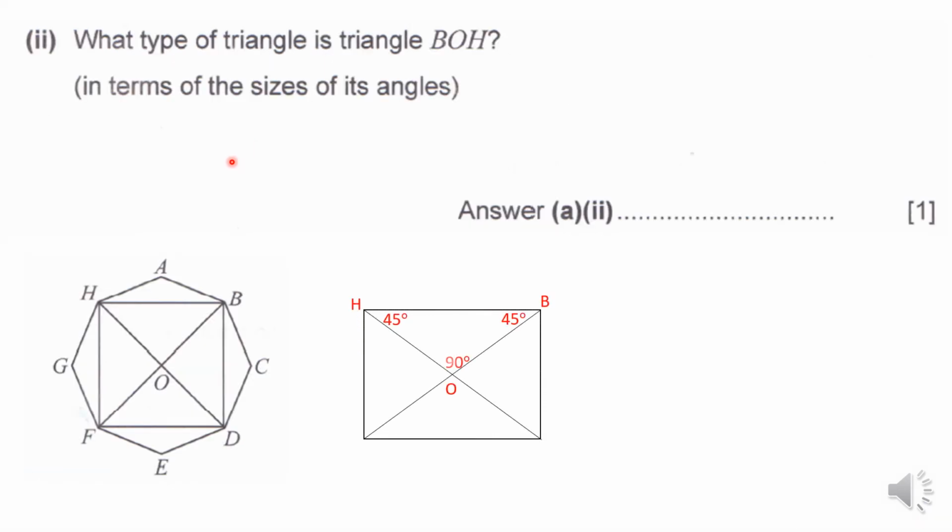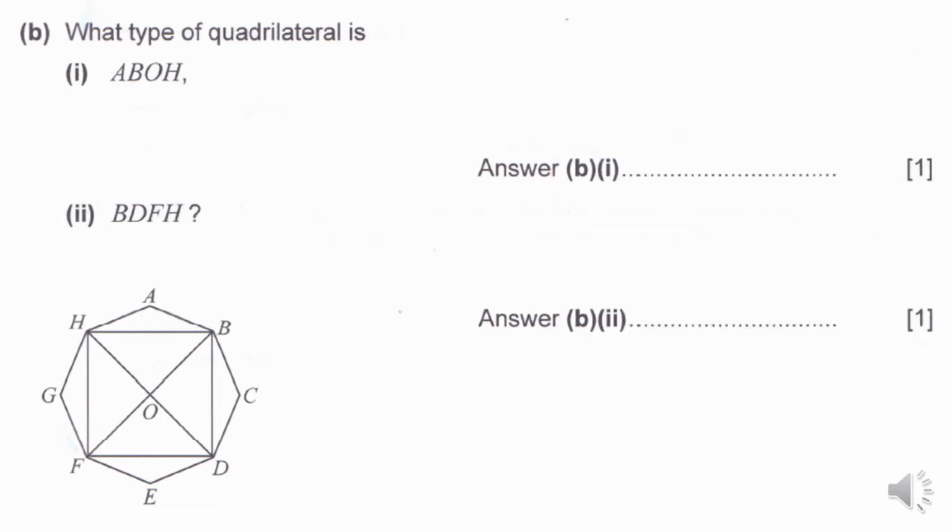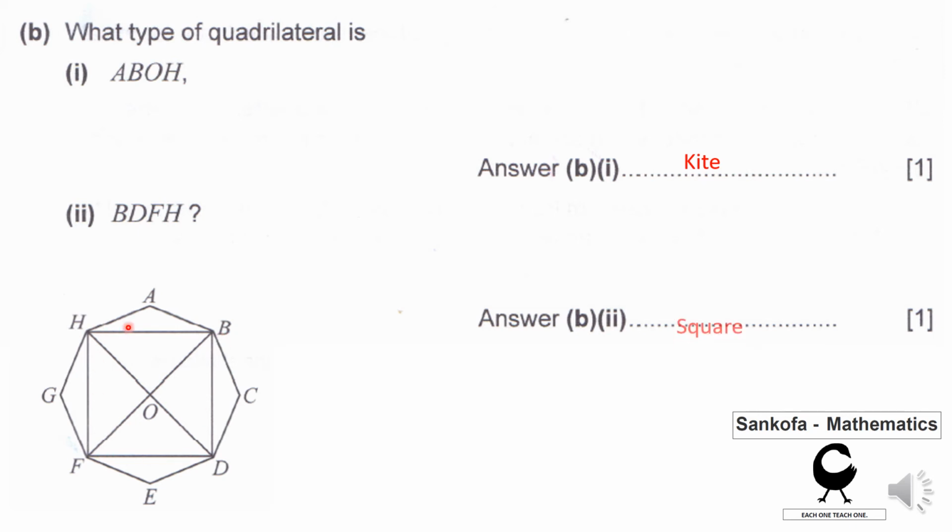What type of special triangle is BOH? As you can see, I've included that little square there. This is a right-angled triangle. Okay, type of quadrilateral, that's a kite. ABOH is a kite. Then BDFH is a square.